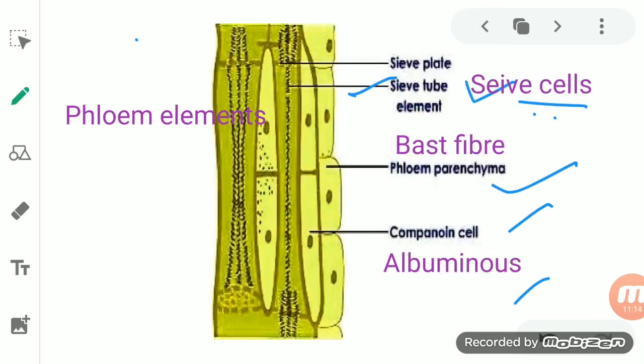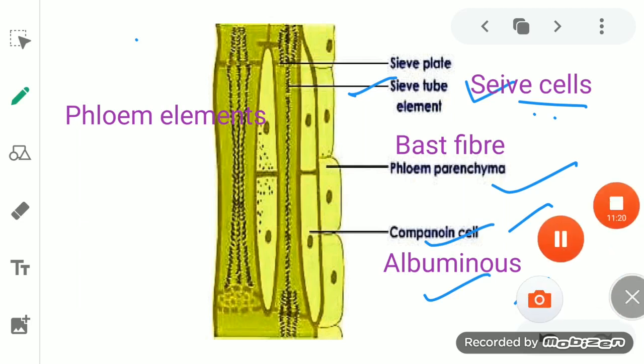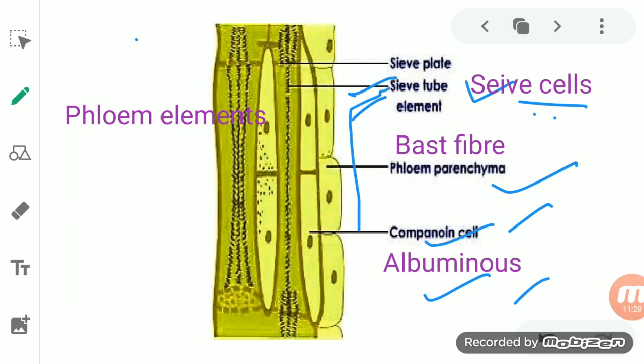Now we will come to the next one, and that is the companion cell or albuminous cell. Now what is the difference between these two? See students, when we talk about the sieve tube and the companion cells, we can call them sister cells. Likewise, the sieve cells and the albuminous cells are sister cells.